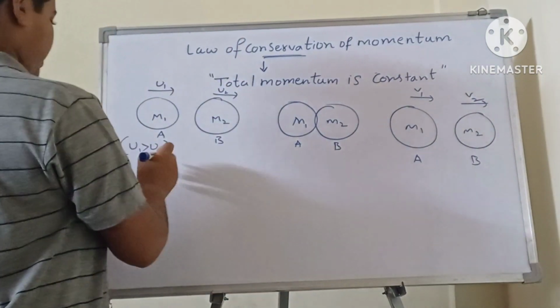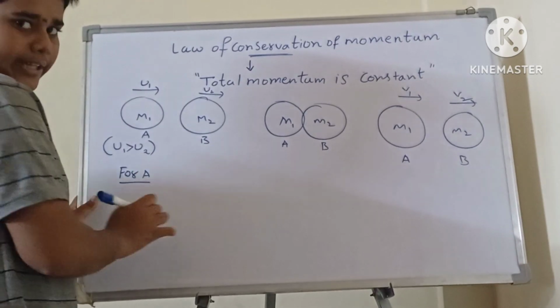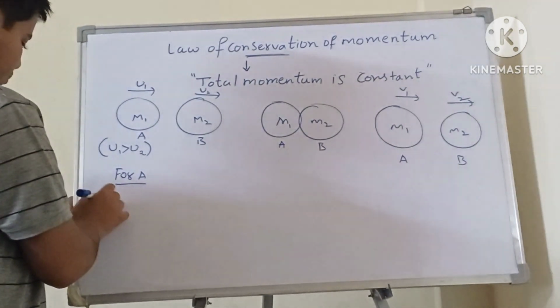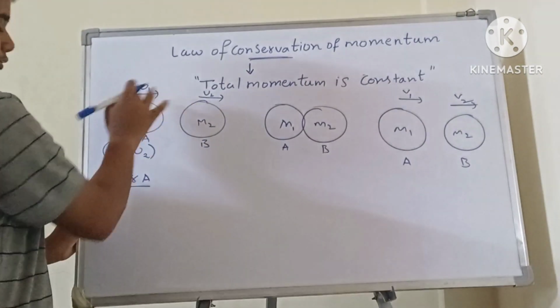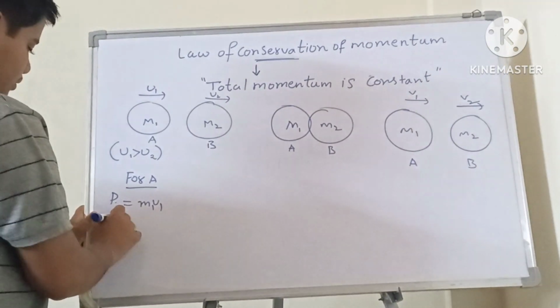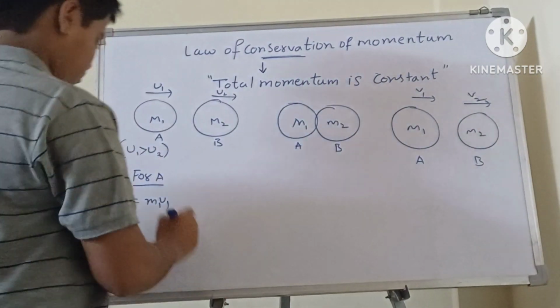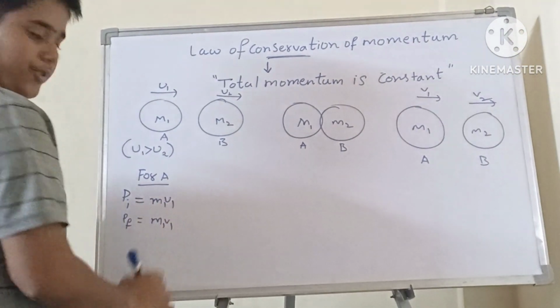Okay? So here for A, initial momentum is M1 U1. Final momentum M1 V1. Okay?